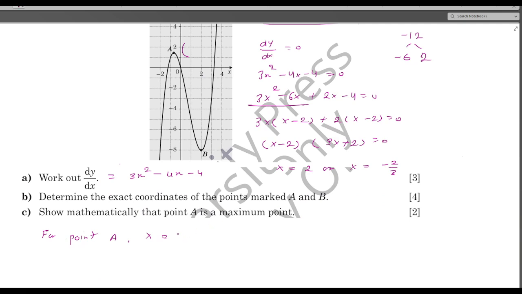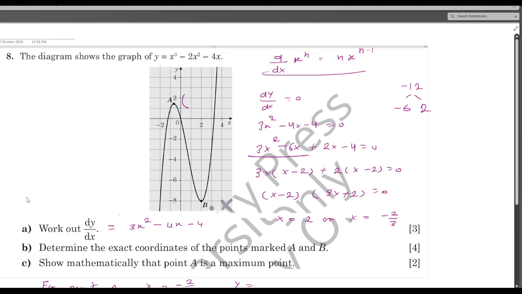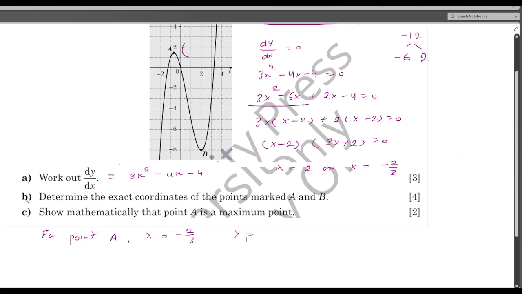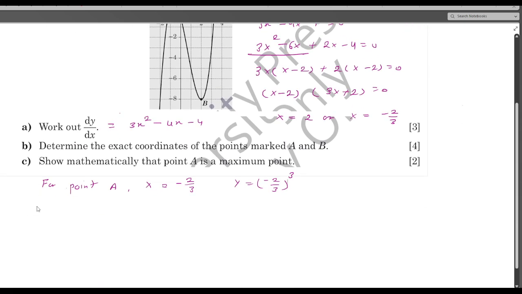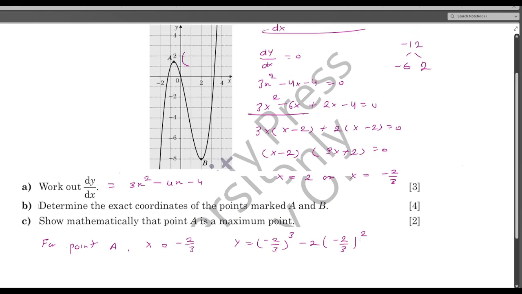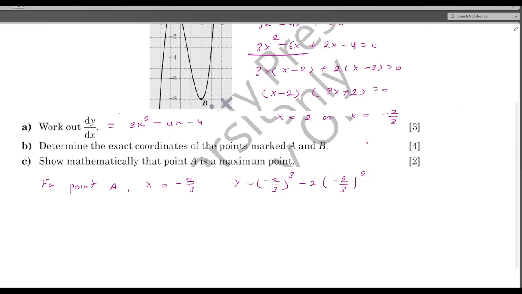So x is minus 2 divided by 3, and therefore the y value is x cubed, that means minus 2 by 3 cubed, minus 2 times minus 2 by 3 squared, minus 4 times minus 2 divided by 3.